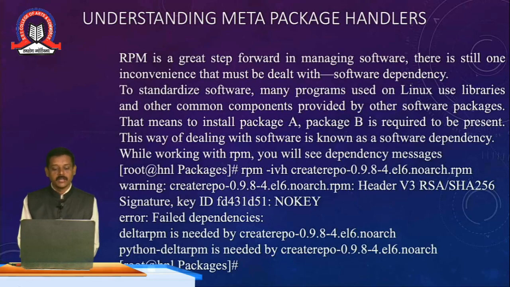As you can see, there is one warning message: createrepo-0.9.8 followed by RPM in header V3 RSA/SHA256 signature and key ID fd431d51, and this is a NOKEY. It shows that the particular software is not installed because it depends upon one particular software given below, like deltarpm.